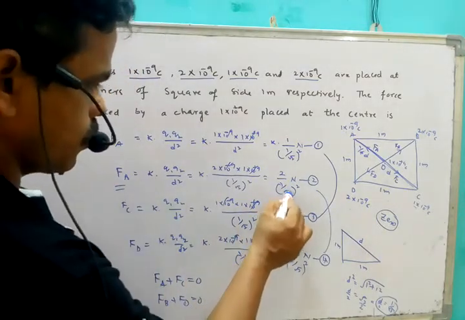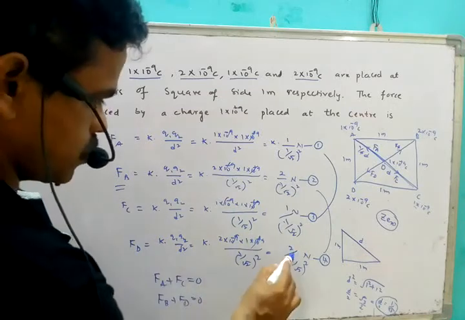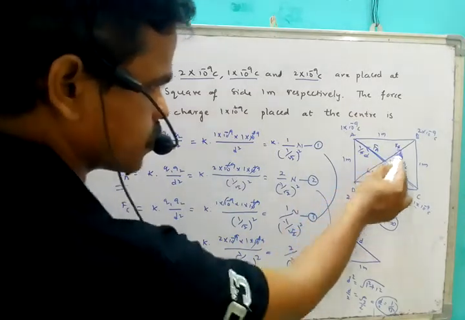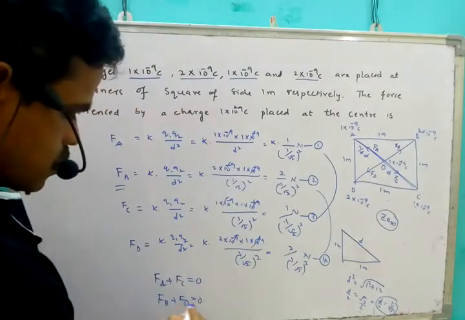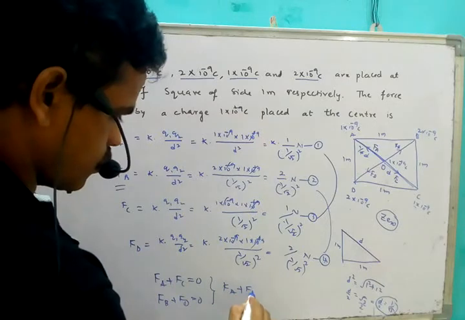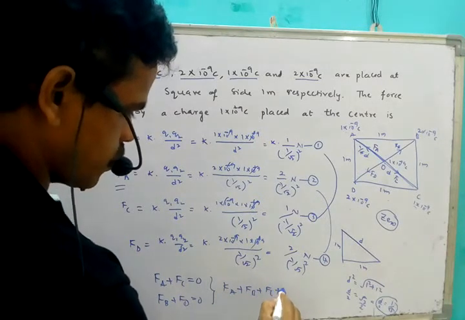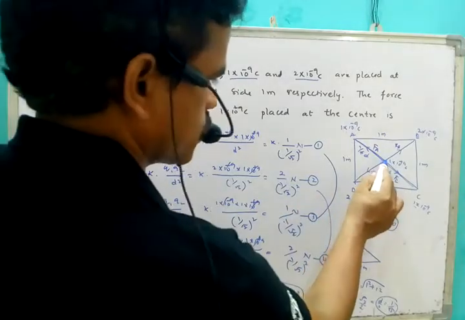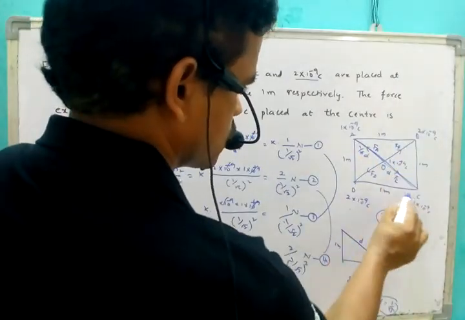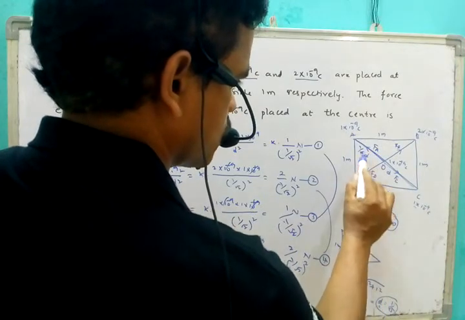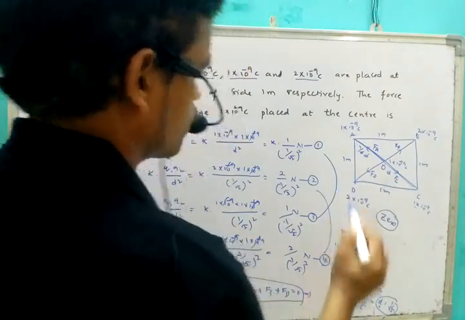FB is 2 by 1 by root 2 whole square newton, FD is 2 by 1 by root 2 whole square newton. These are equal and opposite. So this total is 0. So net force FA plus FB plus FC plus FD equal to 0. The net force on the charge at the center due to all charges located at the four corners is equal to 0.